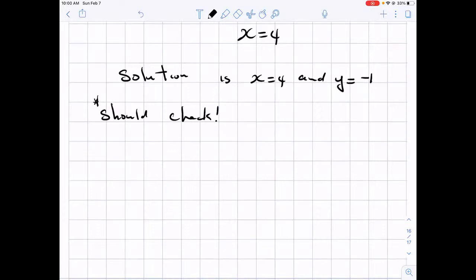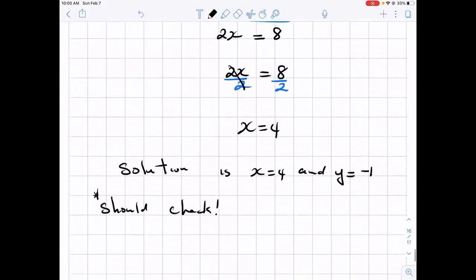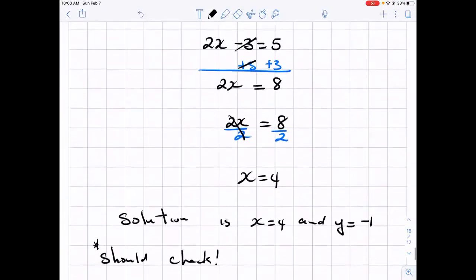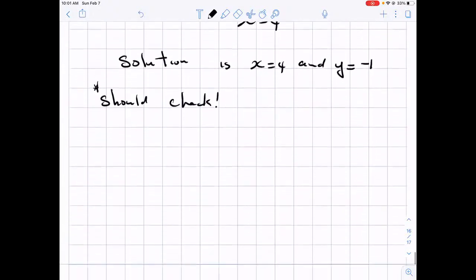So there are always more examples, and some examples will be different from each other. So I will leave you to try examples on your own. So you should try a few examples.